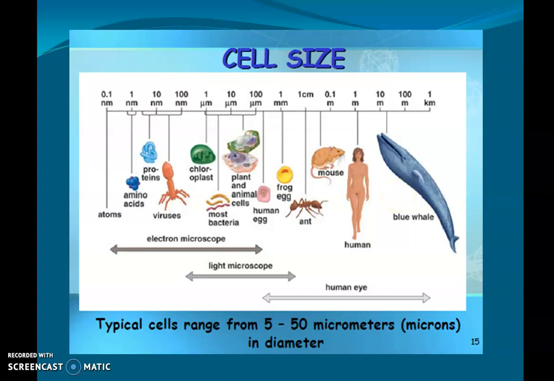We know that the largest cell is the egg of an ostrich. It measures about 170 millimeter by 130 millimeter in size. And the size of a cell is based on the function it performs.